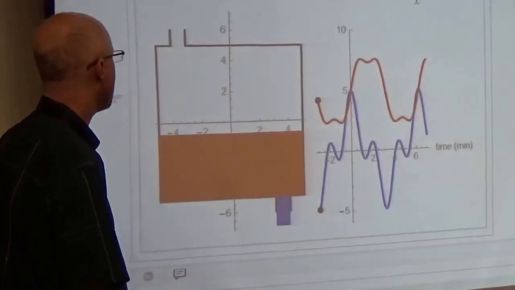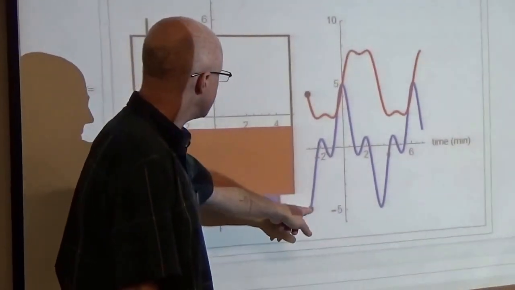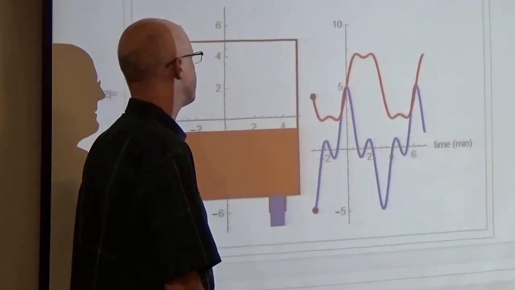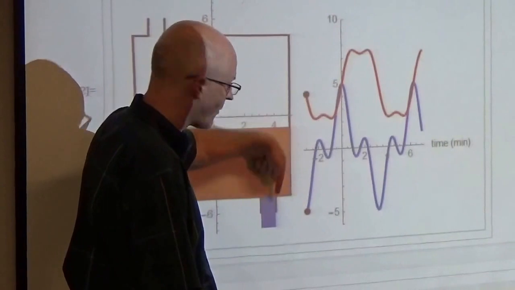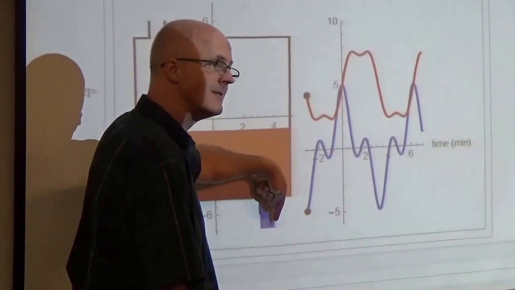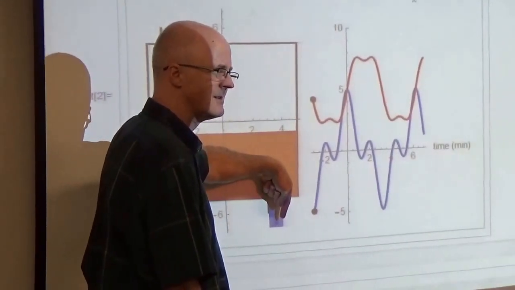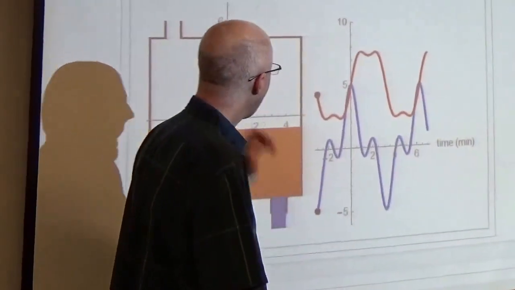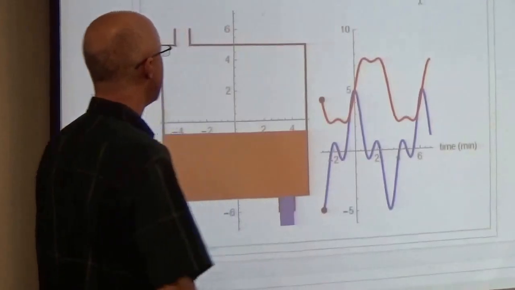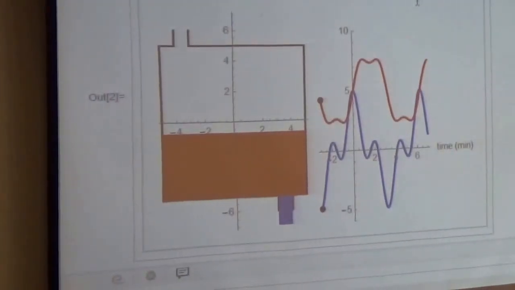Could be liters, could be gallons, whatever. The initial rate of change of the volume with respect to time is negative because water's going out. Maybe I should say colored liquid. Okay, I'll say water. Red water and blue water. As time goes by, these graphs change and the situation in the tank changes.